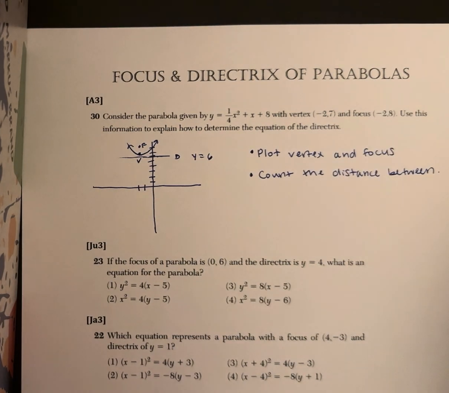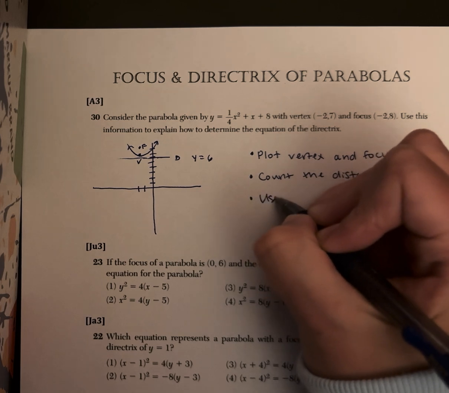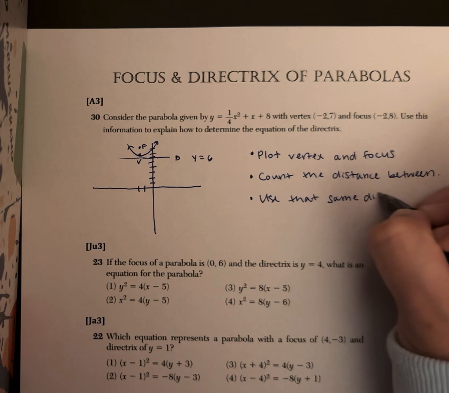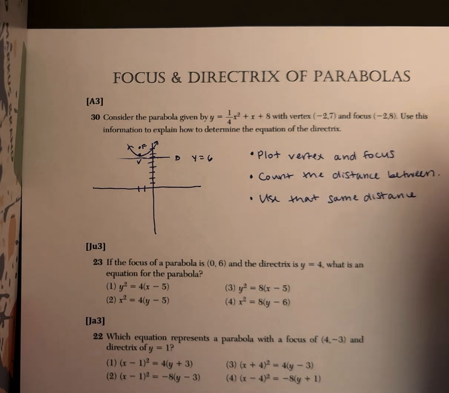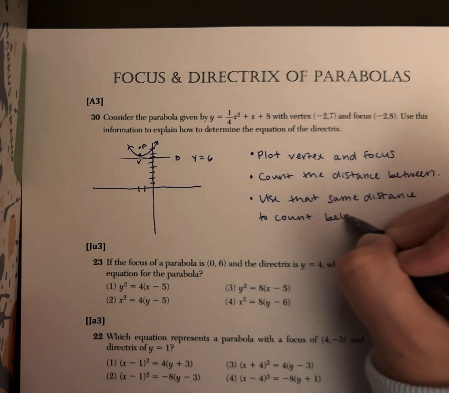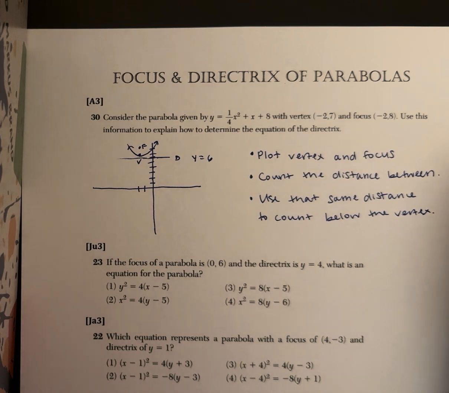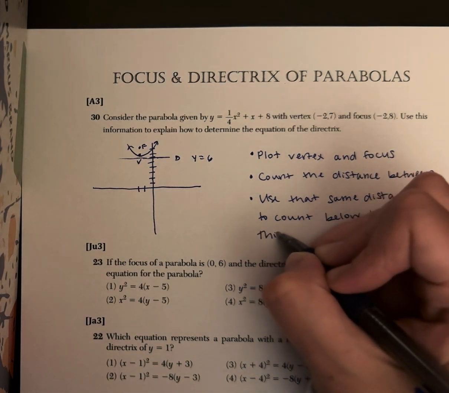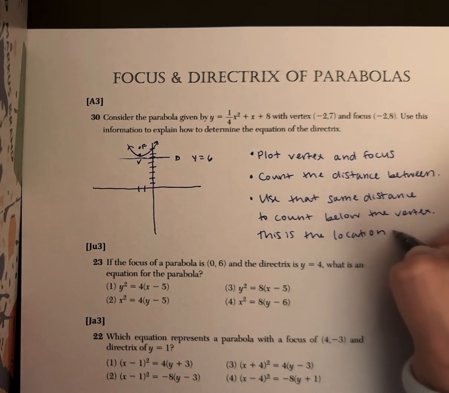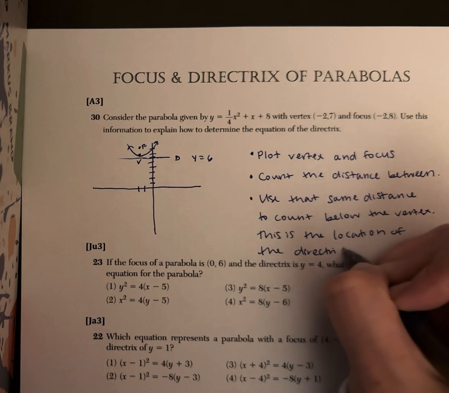And then use that same distance to count below the vertex. This is the location of the directrix.